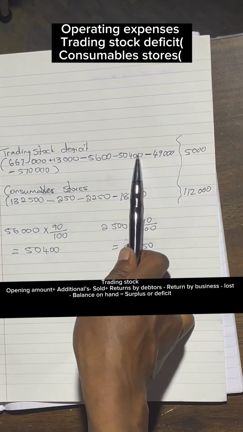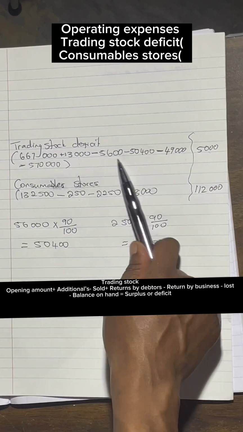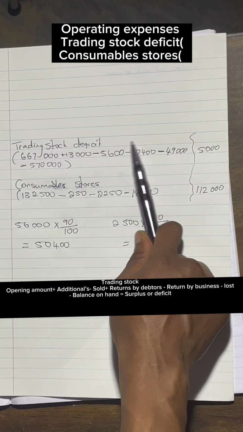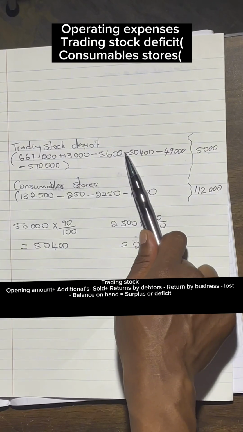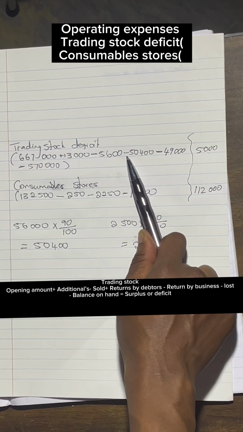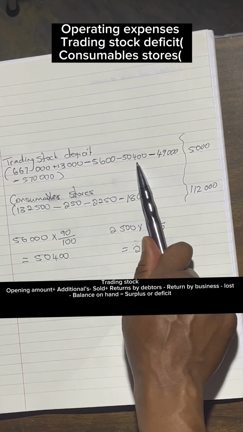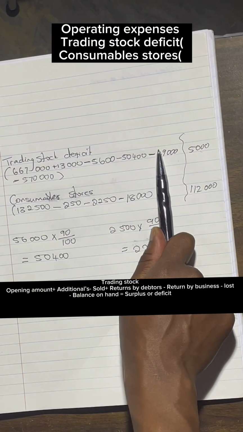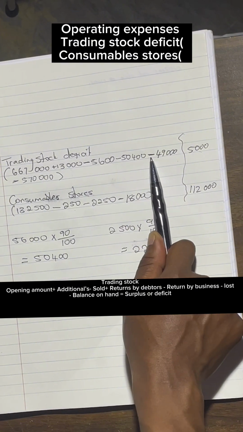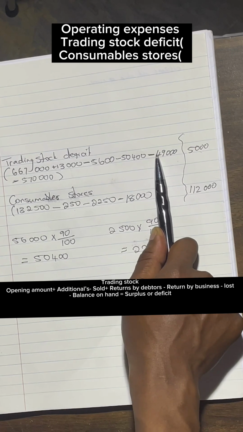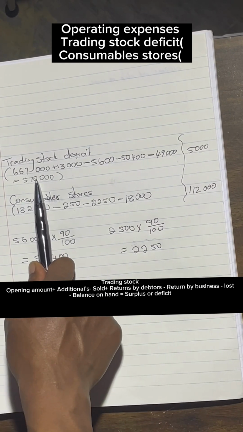If there were losses due to fire or theft, then you subtract those losses. If those losses were recovered, and the money was received, we add that 50,400, and then we subtract the tiles costing 49,000 that were returned.